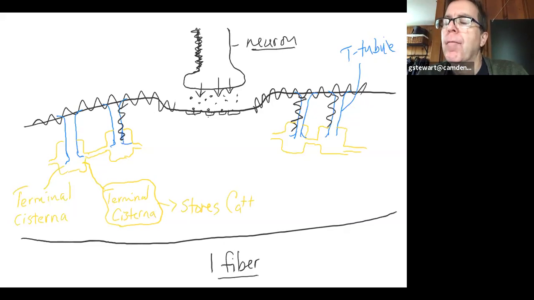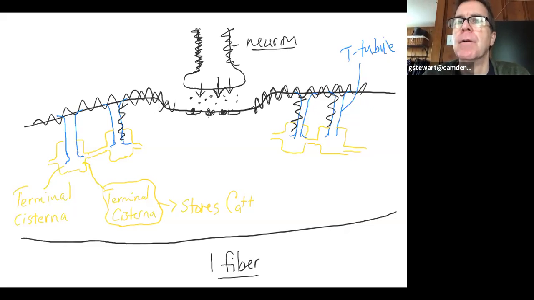When the electrical impulse comes from the nerve, it causes a chemical to be released, the chemical binds to the surface of the muscle cell, and that generates another electrical impulse along the surface of the muscle cell.